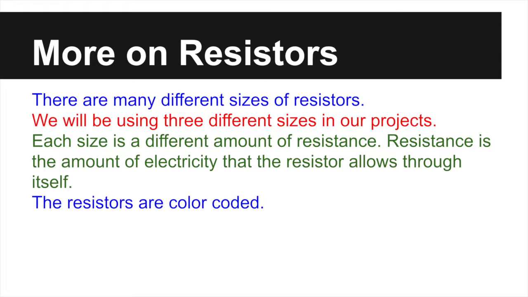At this level, we're not going to get too far into how to do the calculations to figure out what types of resistors you're going to use, okay? I'm just telling you we're going to use those 3, and it doesn't matter which one you use. You'll find that some make your LEDs brighter than others, so you might want to stick with the ones that make the LEDs the brightest. Honestly, that part is up to you. Go ahead and experiment around a little bit with that and figure out which makes your LEDs look the brightest.